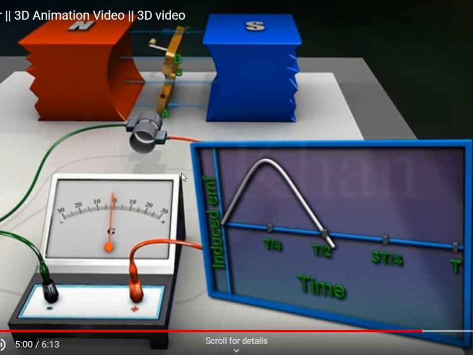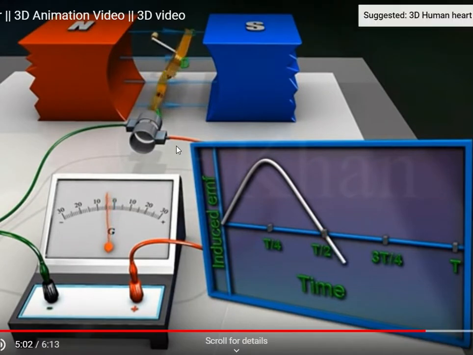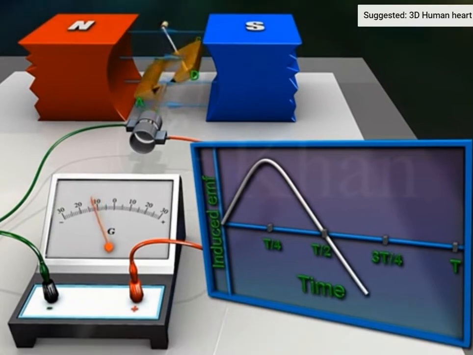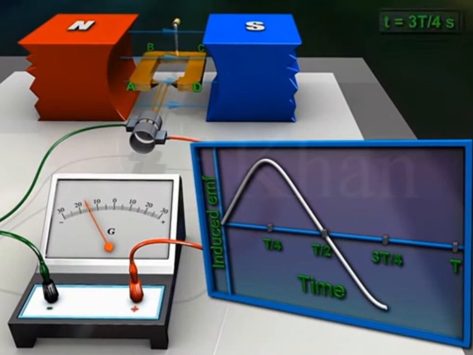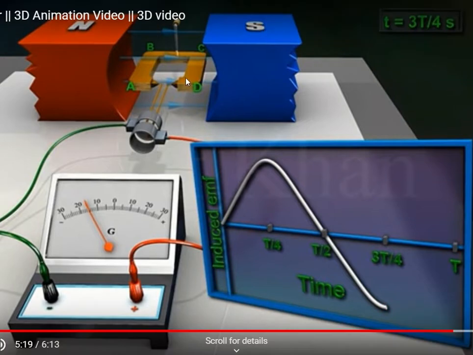During the third quarter rotation, the induced EMF increases but has the opposite polarity compared to the first half rotation. At time 3t upon 4 seconds, the induced EMF attains its maximum negative value.